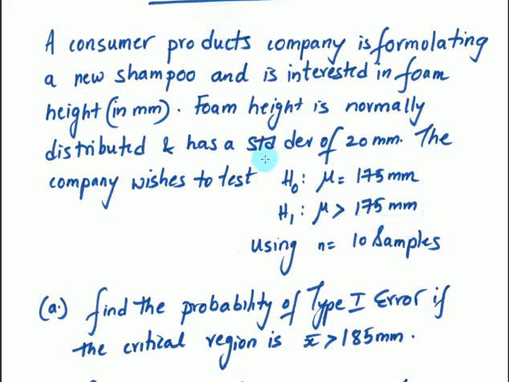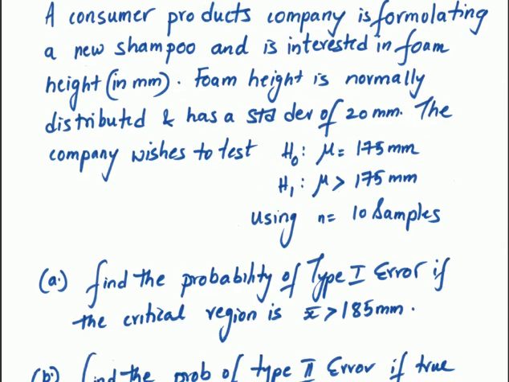So in fact, we're looking at what is called an upper tailed test. If this is less than, it becomes a lower tailed test, and if it is not equal to, it becomes a two-tailed test, and that's an example that we looked at earlier in the previous video.